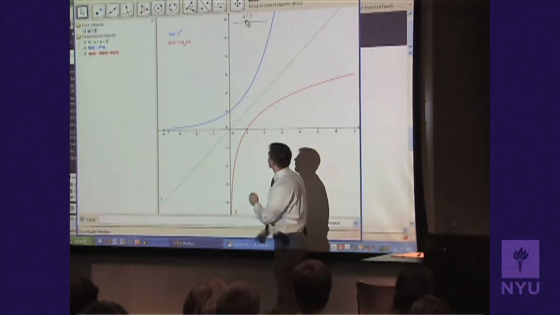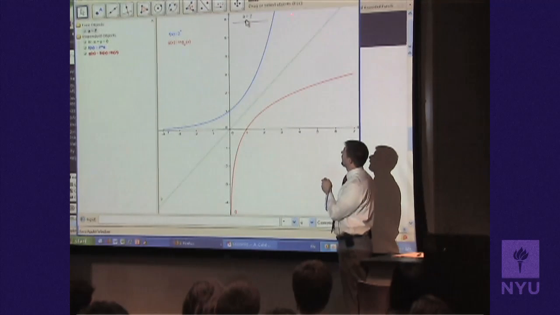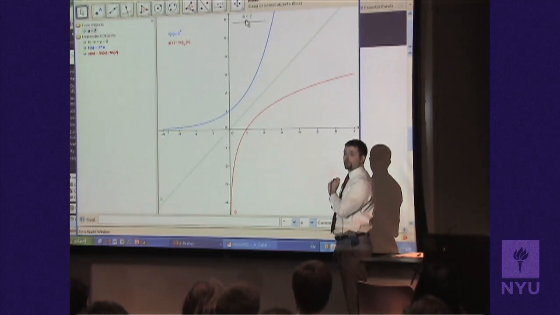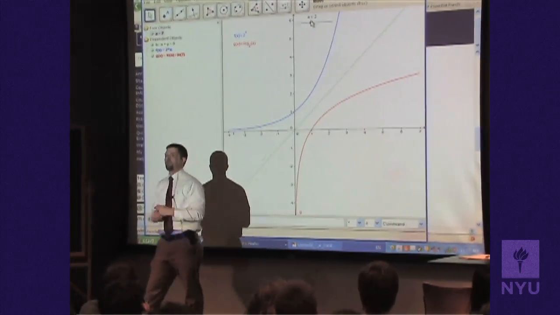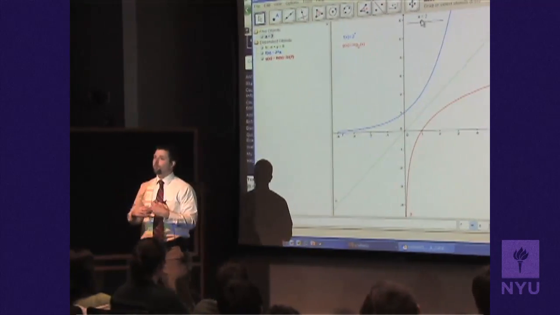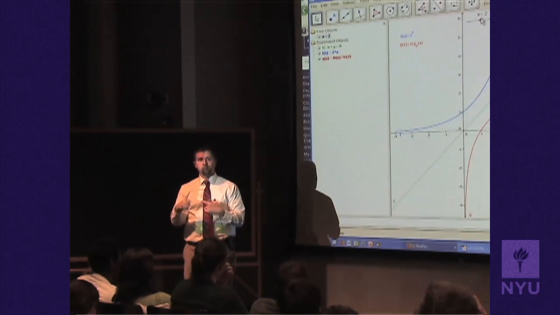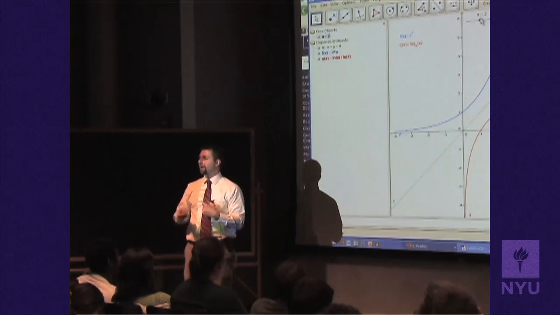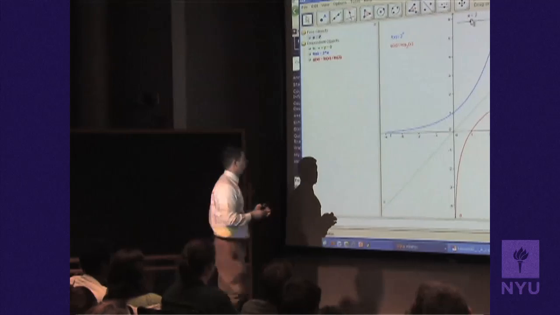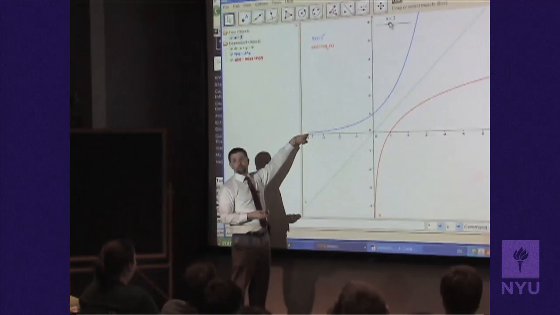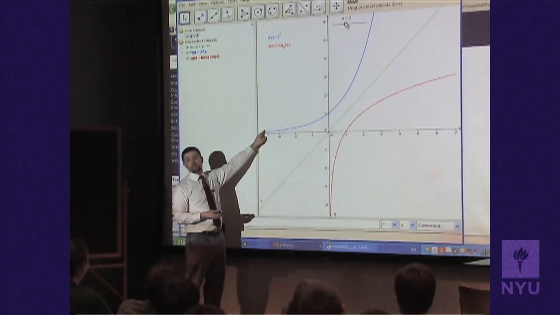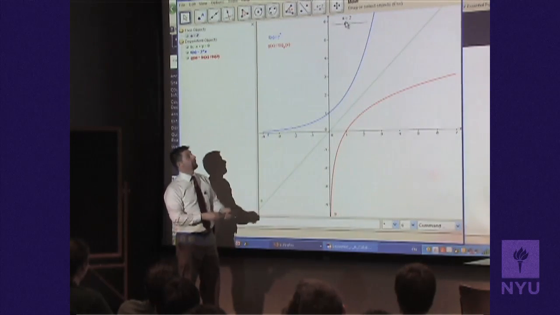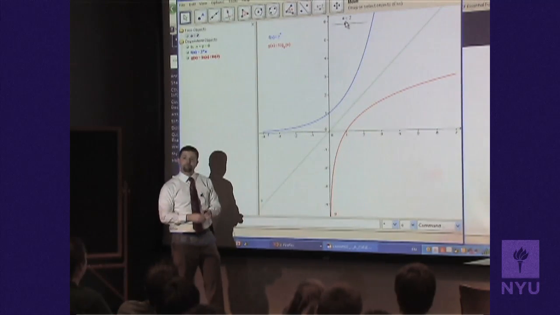As x gets larger and larger, you're taking larger and larger powers of 2, and so you get larger and larger numbers. As x gets more and more negative, what's a negative power? It's the reciprocal of a positive power. So you're taking reciprocals of larger and larger powers of 2, and those numbers are going to be smaller and smaller, closer and closer to 0. So you get as close as you want to 0, but you don't get exactly equal to 0. And you can get as large as you want on the other side.